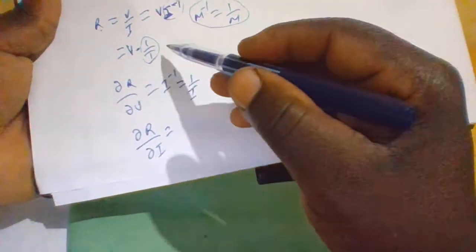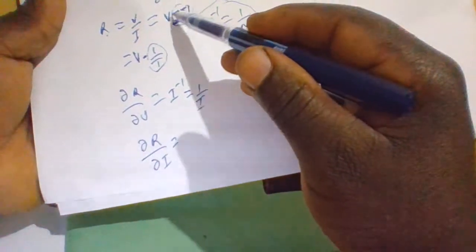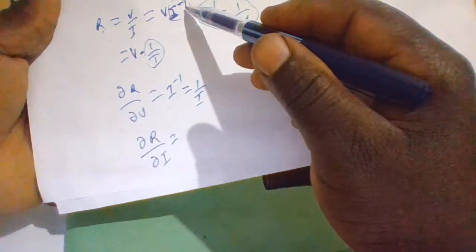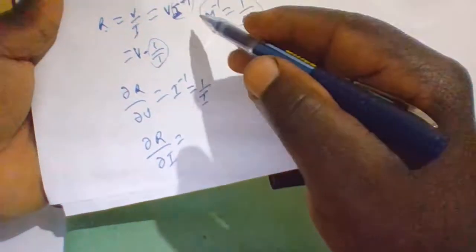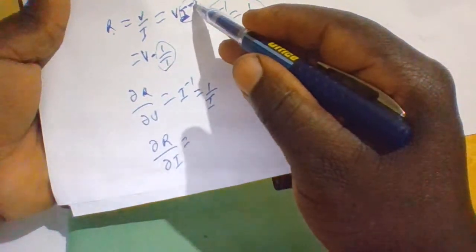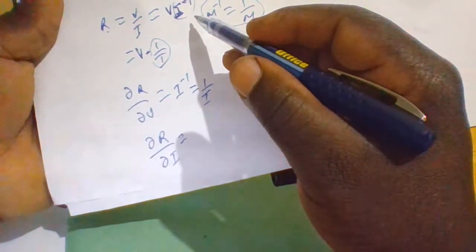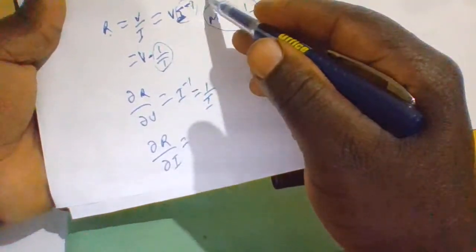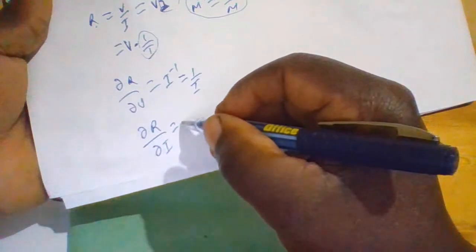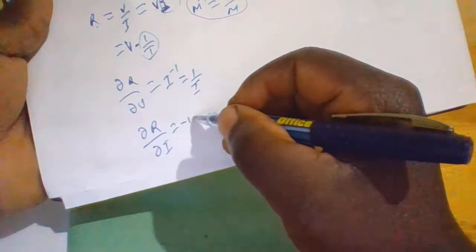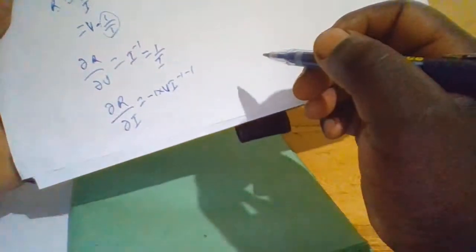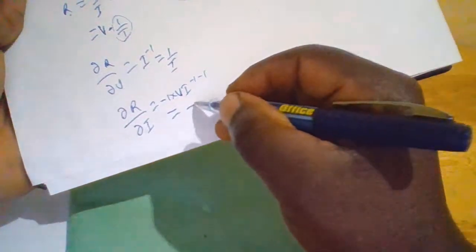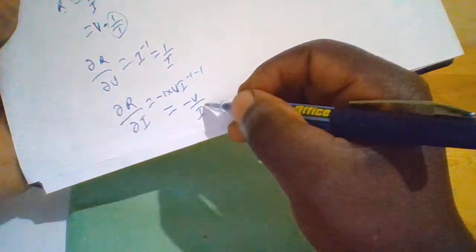When we differentiate with respect to current, remember, we multiply with the power and then subtract the power. Therefore, we shall have -1 times V, then current raised to -1 minus 1. So this equals minus V over current squared.